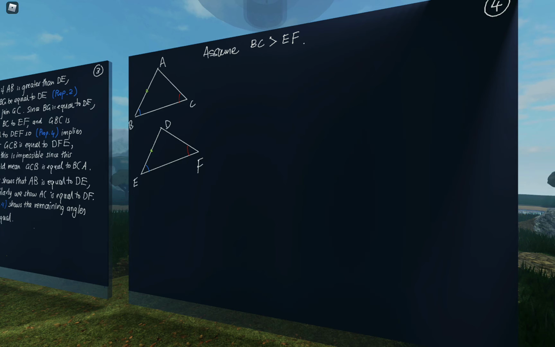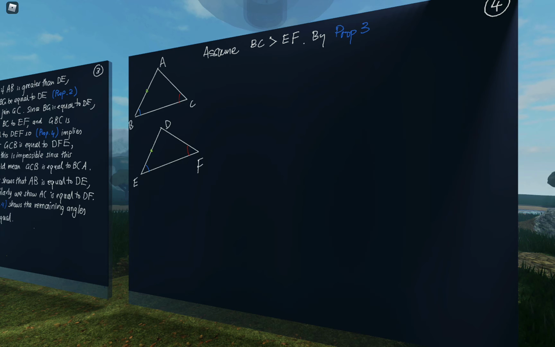So by proposition 3, right, we do the usual thing of constructing a point on the longer line, of the two things that we've assumed to be not equal, and go from there.